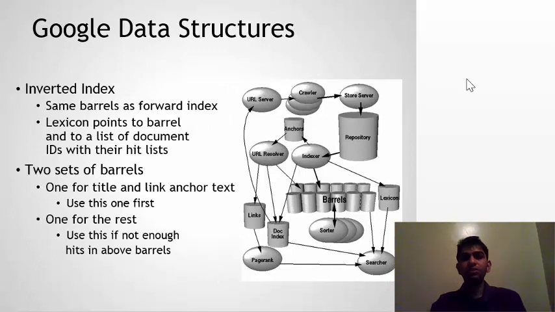Inverted index is similar to the forward index. Forward index is partially sorted, while inverted index is completely sorted. Inverted index also has 64 barrels, but they are divided into two sets. One set of the barrels consists of title and anchor text, and Google uses this one first.